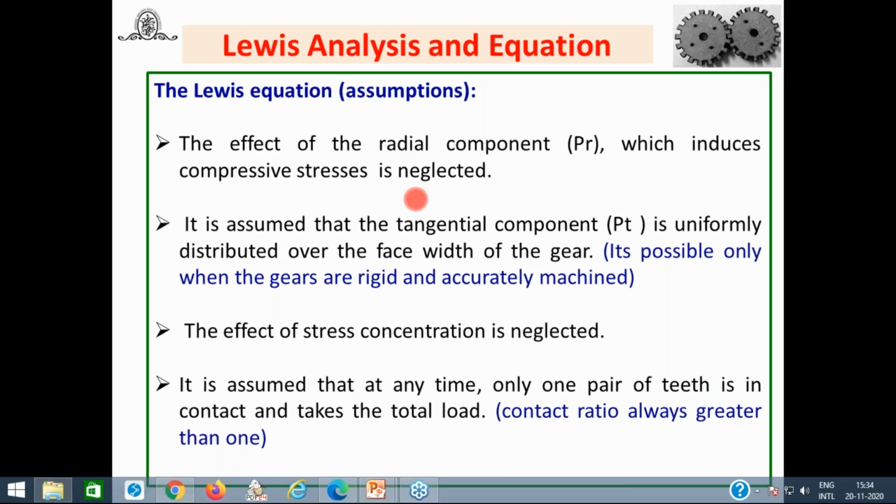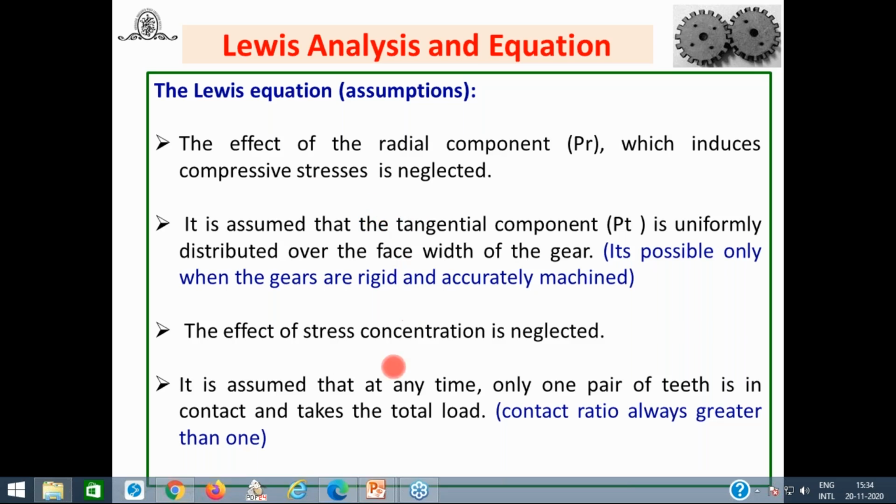We are assuming compressive stresses are not present. But in actual practice, because of this radial component of load, compressive stresses are induced, but it is neglected here in the Lewis equation.